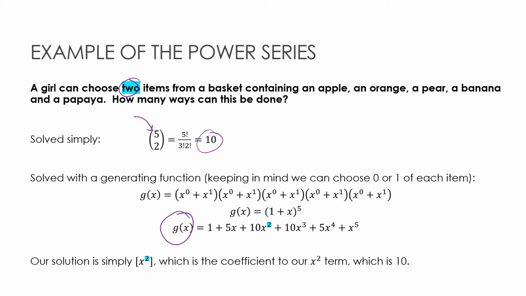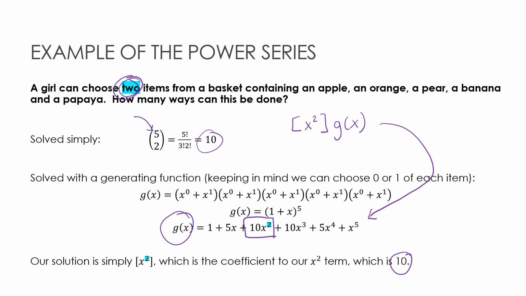So here's my solution. Now remember, I'm looking for 2 items, which means I was looking for the coefficient of x squared in my generating function. If you'll notice, here is my x squared value. What is the coefficient of the x squared value?